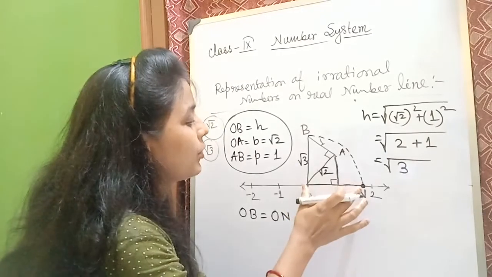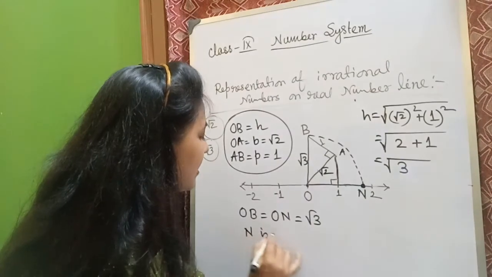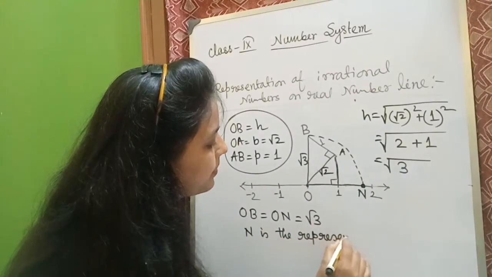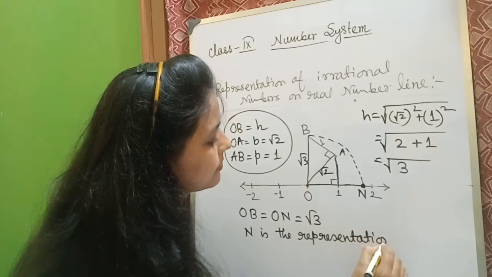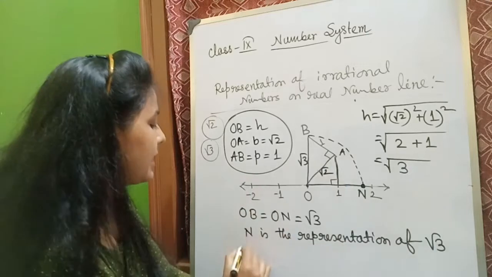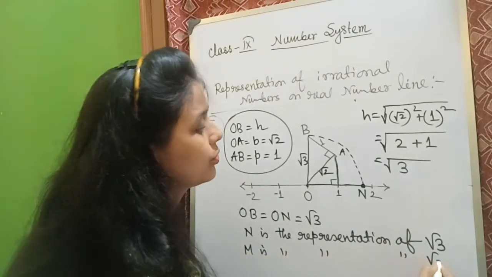Therefore ON equals root 3, and N is the representation of root 3.